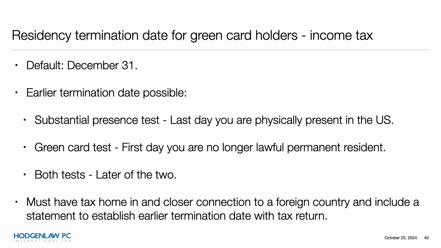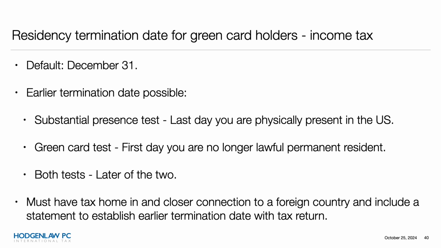So looking at that, you could give up your green card on June 15th, but then you make a trip back to the US and you're there for the entire month of November. Then the last day you're physically present in the US in that year would be November 30th. So even though you gave up your green card June 15th, the residency termination date is going to be November 30th.